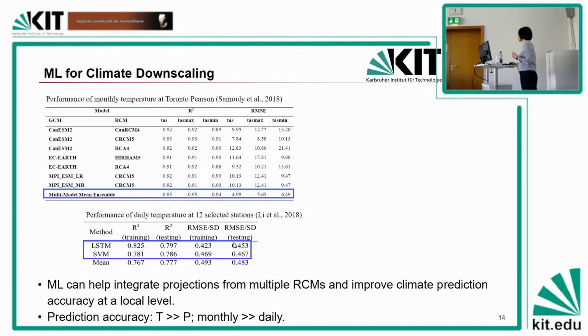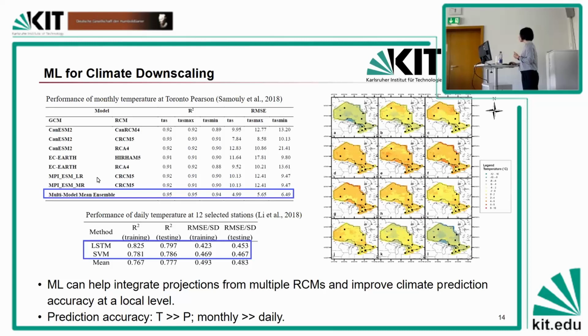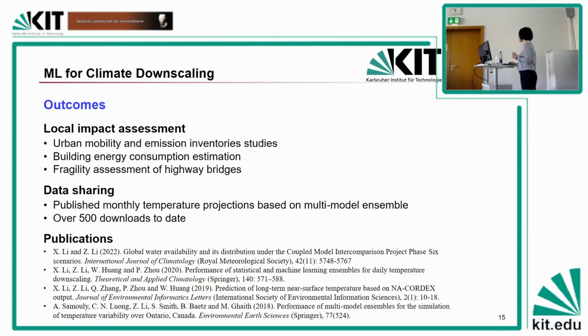So what we did is we validate the results across 12 stations and across about 7,000 grids across Ontario, and then we compared the R-square value, the RMSE, and what we've learned is that machine learning can really help us increase the prediction accuracy and help us integrate results from different RCMs. And then we also evaluate the spatial distribution of the errors.